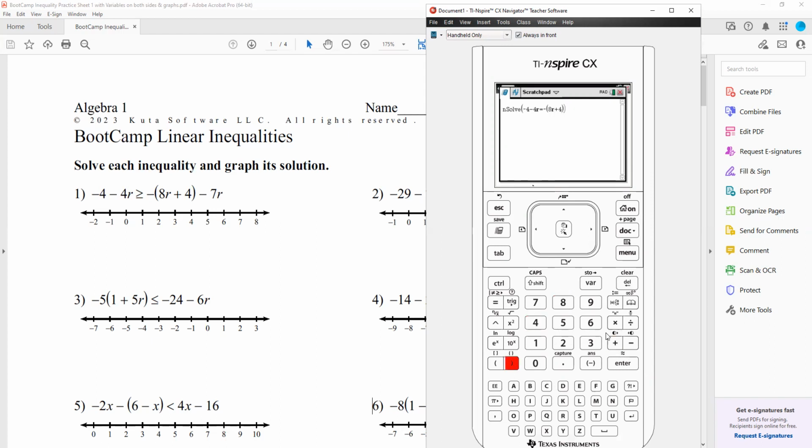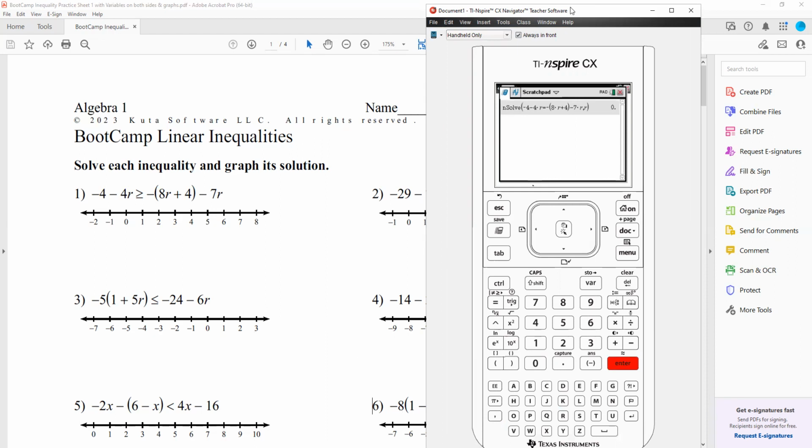Close the parentheses, minus 7r. And then you put a comma, and then r again, because whatever variable you're trying to solve for always goes after the comma.